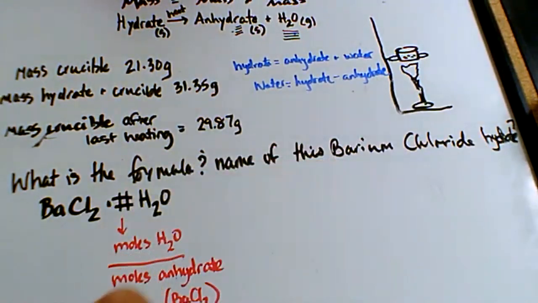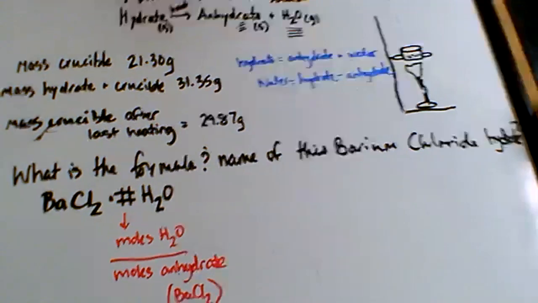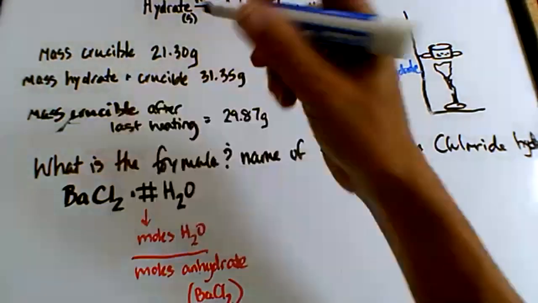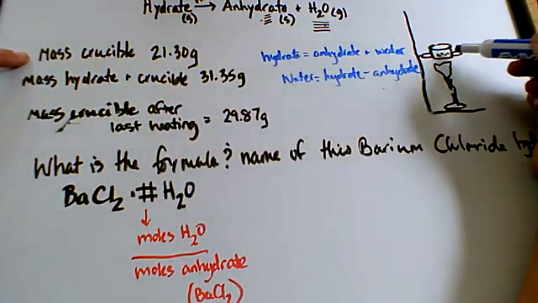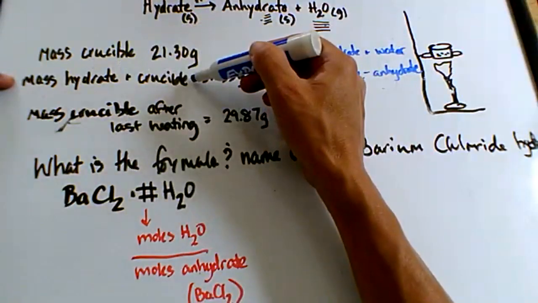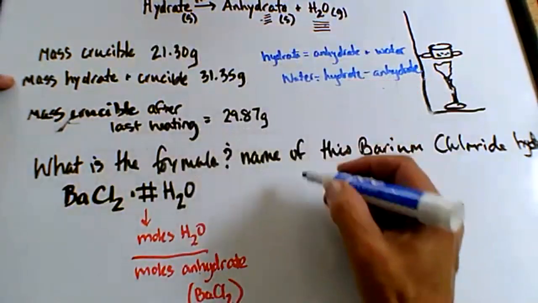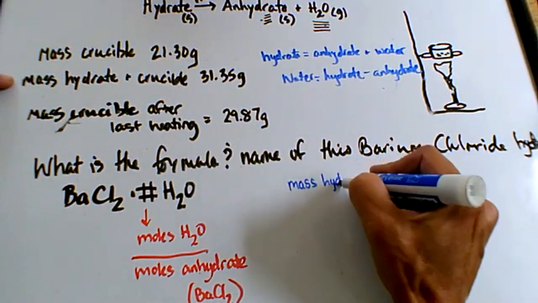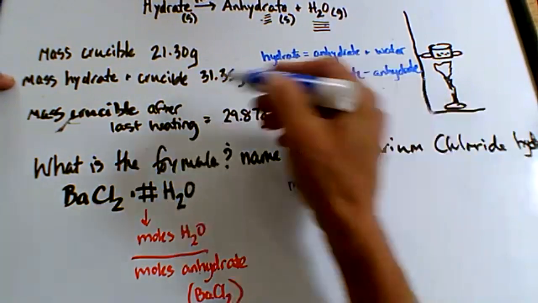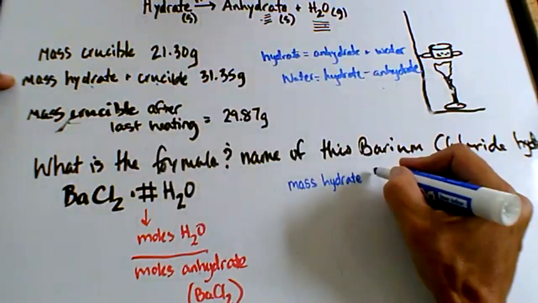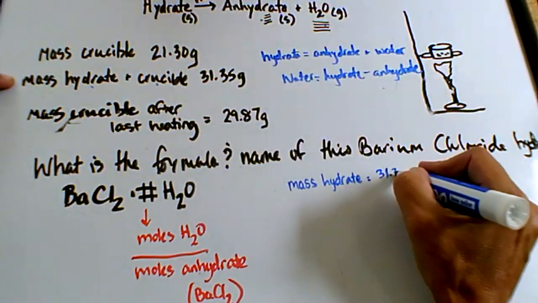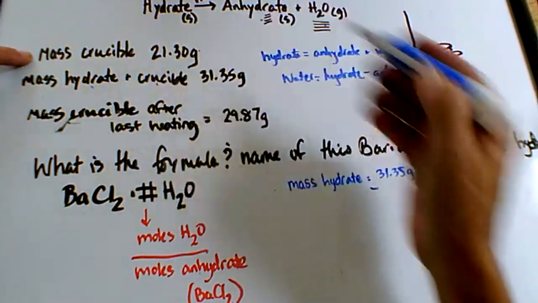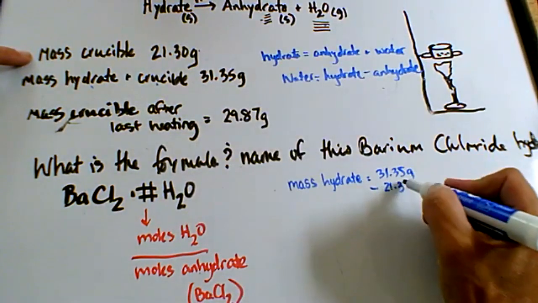So let's look at our data chart here. I've got my crucible and the hydrate. The mass of my hydrate will be equal to the mass of my crucible and the hydrate minus my crucible, which by itself is 21.30.